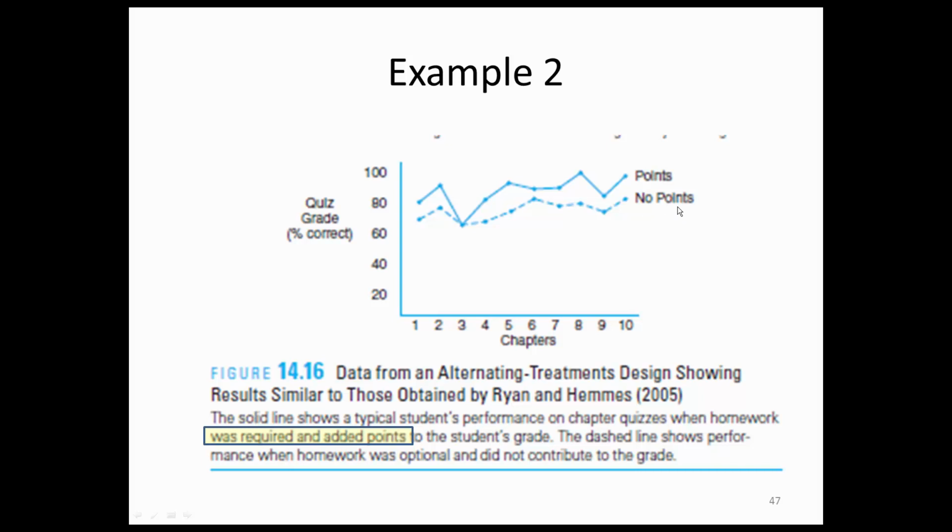And each student alternates between the two treatment conditions. So it's not like we have two groups. Each student alternates between these two situations. And the graph clearly shows that whenever there is a point assigned for the homework, the student's performance on the quiz for that chapter is higher.